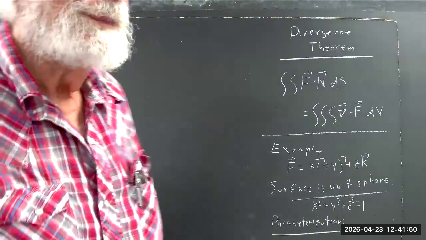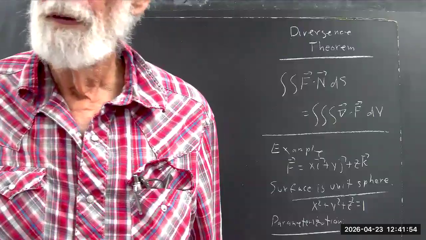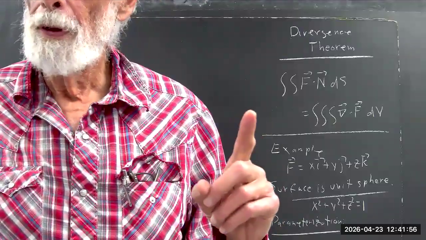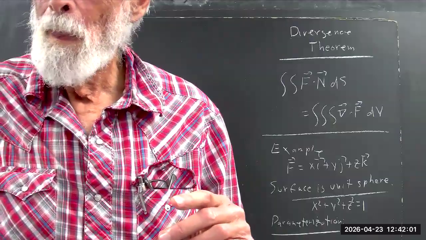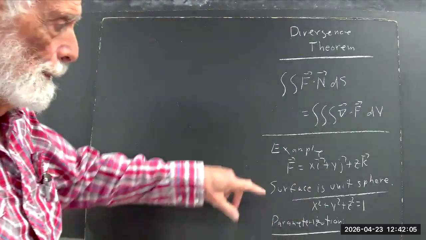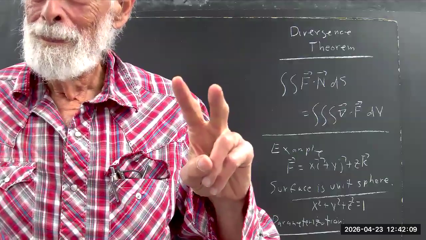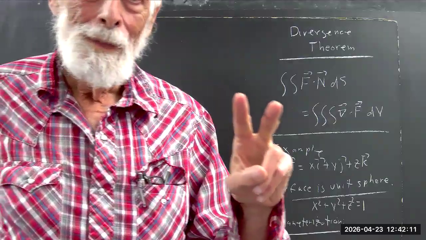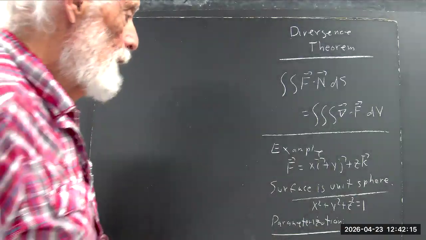When you parameterize a curve, closed curve or any curve, it's a one-parameter thing because a curve is one dimension. When you parameterize a surface, as you should be aware by this point, you're going to use two parameters. If you want to parameterize a three-dimensional volume, you're going to need three parameters.